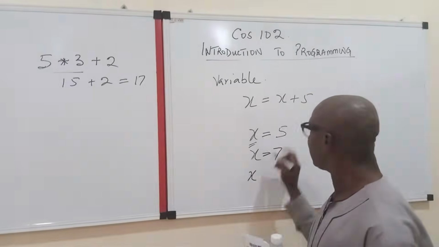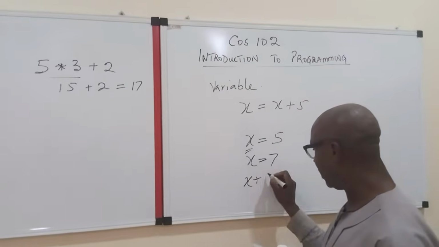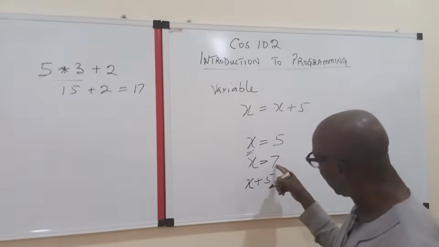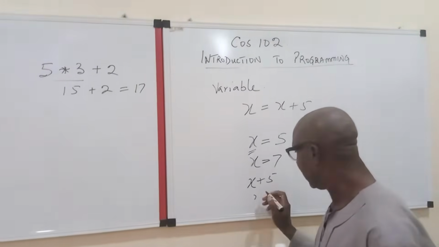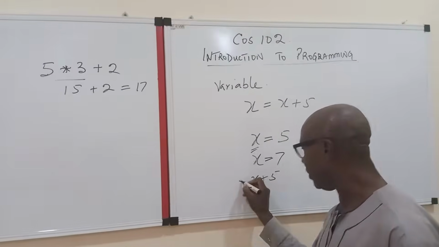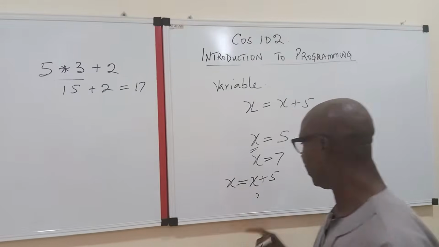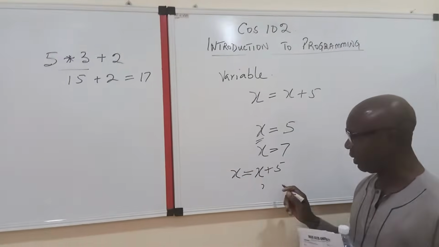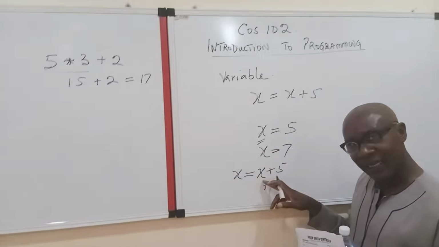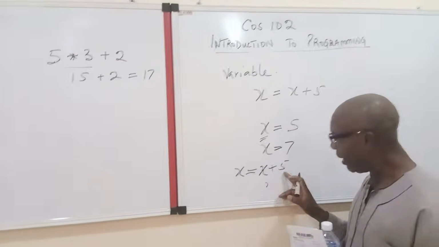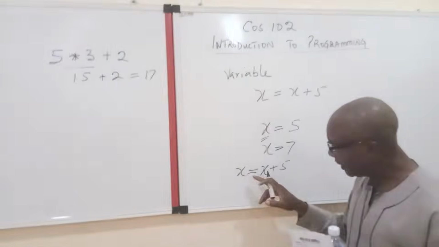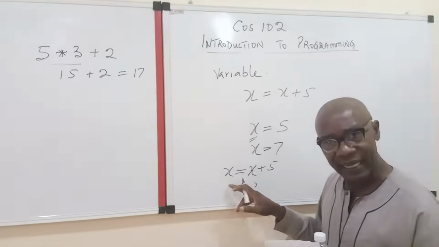If we do x plus 5 at this point, it's going to be the 7 you have plus the 5, and then that is 12. What this means is that whatever is contained in x, add 5 to it, and keep it back inside x.